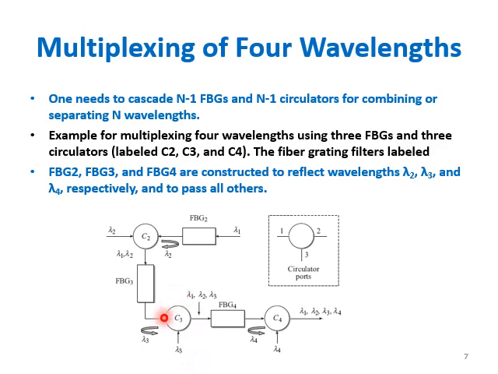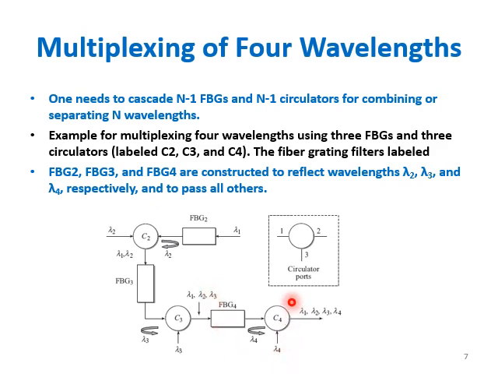Then I go for another circulator, C3. As you can see, this is again a 3-port optical circulator, where lambda 3 coming in at one port tries to emerge out, but FBG3 will not allow lambda 3. So lambda 3 also comes over here along with lambda 1 and lambda 2. Lambda 1, lambda 2, lambda 3 are there in the light coming at port 3 of C3, which then goes into the fourth fiber Bragg grating, designed to allow only lambda 1, lambda 2, lambda 3, none other.